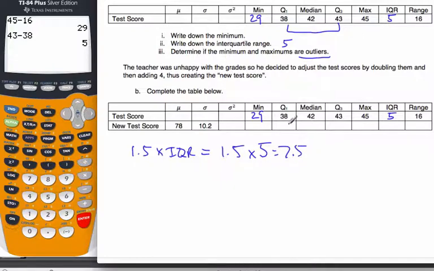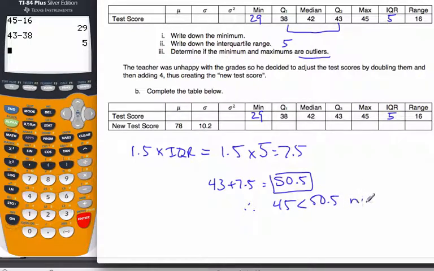From my 7.5, I add it on to Q3. So 43 plus 7.5 gives me 50.5. So anything larger than 50.5 is an outlier. My maximum is 45. So therefore, since 45 is less than 50.5, not an outlier.